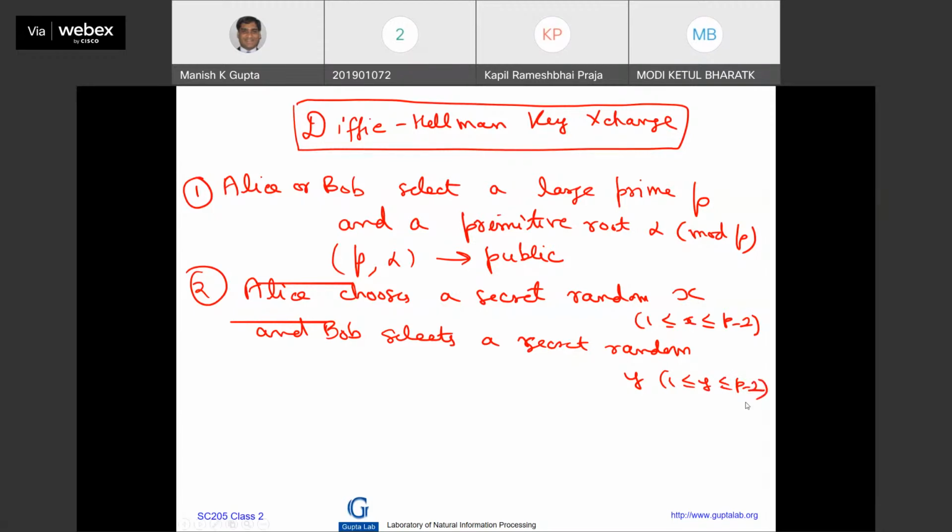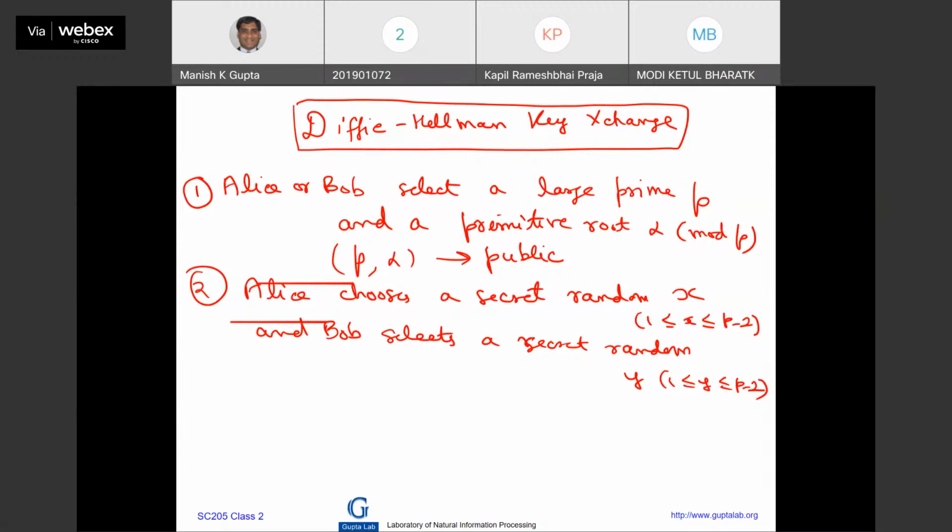Alpha and P are known in the public domain. Alice chooses a secret random number x, and Bob has selected a secret random number y.